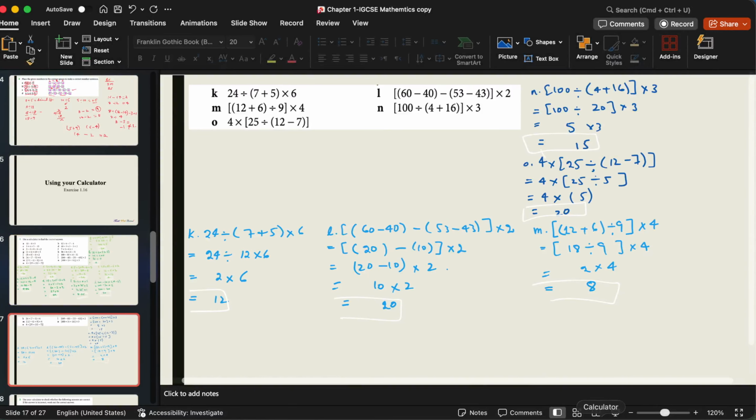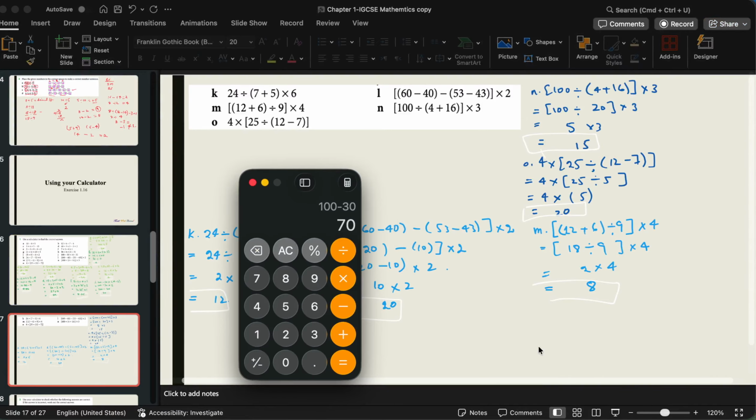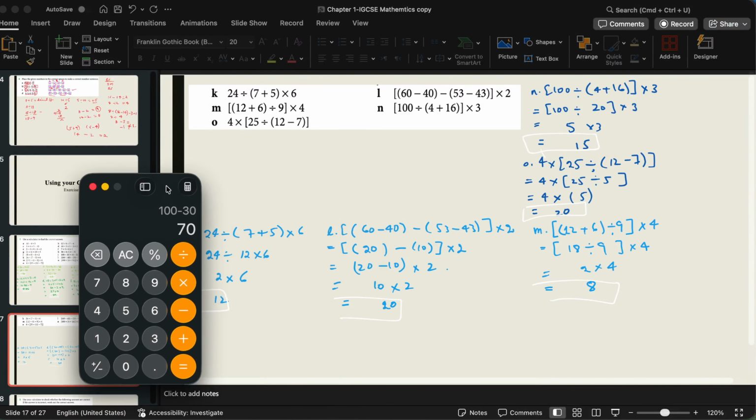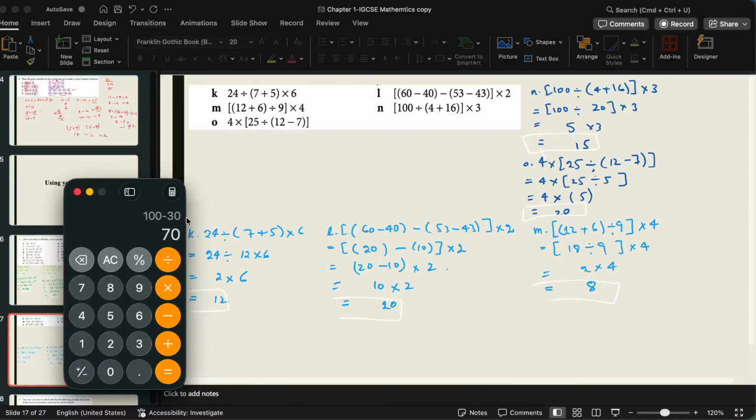The second part, the K part of this question, we have 24 divided by 7 plus 5 multiplied by 6. So we have brackets and we have division and multiplication as well, but we are going to start our calculation from the brackets first. 7 plus 5 equals 12.